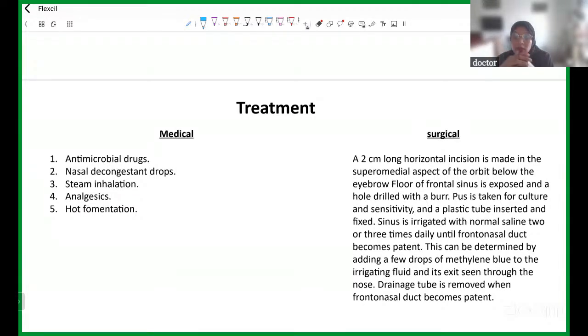Now, there is another way where you place a cotton soaked in vasoconstrictor in the middle meatus once or twice a day. This helps to relieve the edema and promote sinus drainage and ventilation. Okay. So, the other way is that you place a cotton soaked in a vasoconstrictor in the middle meatus. I'll write it down.